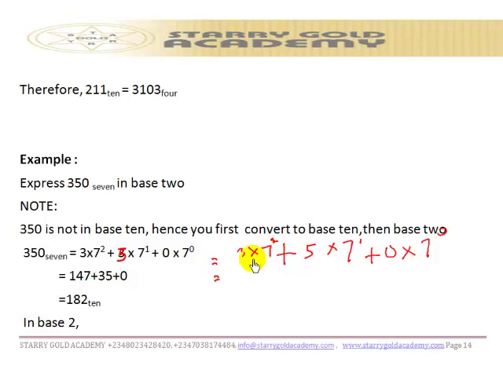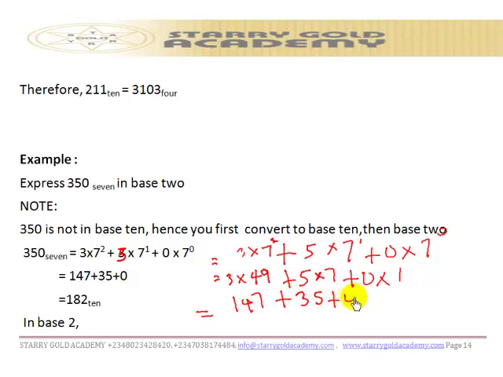Seven raised to power 2 is 49, plus 7 raised to power 1 is 7, plus 7 raised to power 0 is 1. 49 times 3 is 147. 5 times 7 is 35. 0 times 1 is 0.